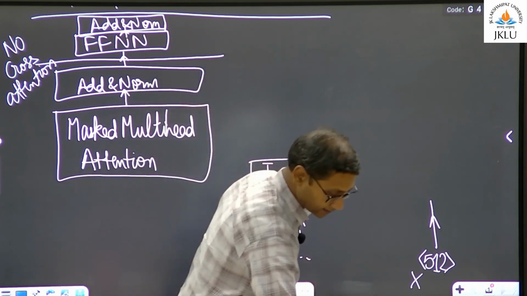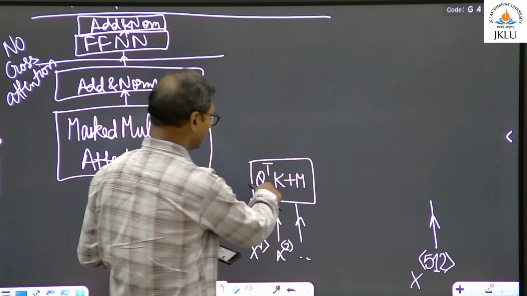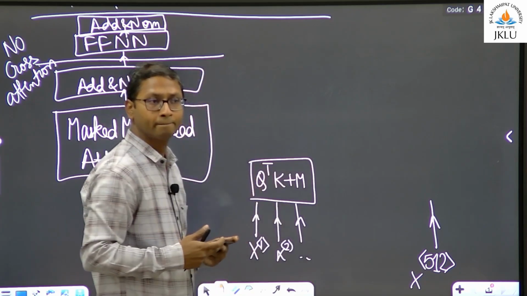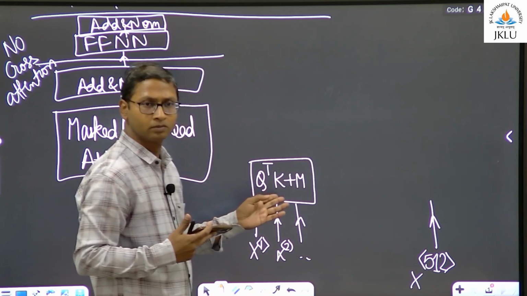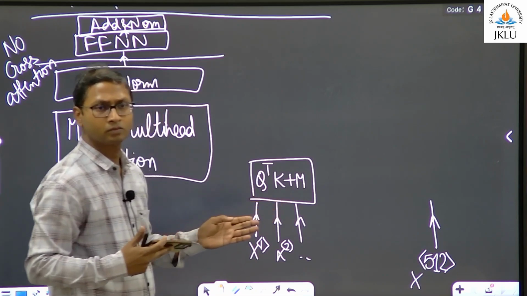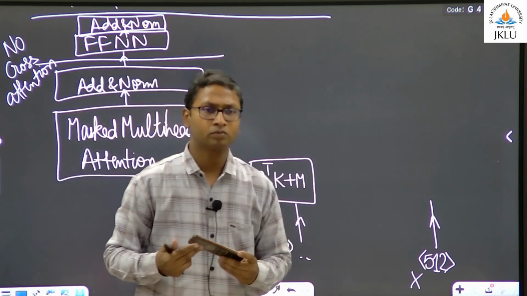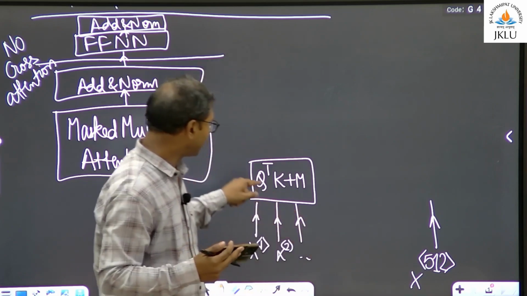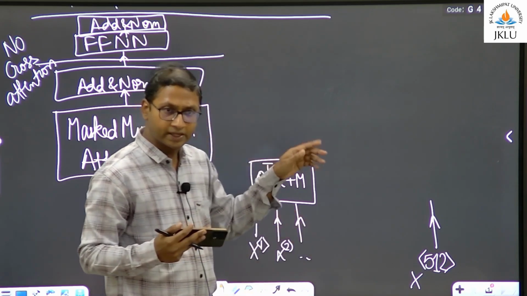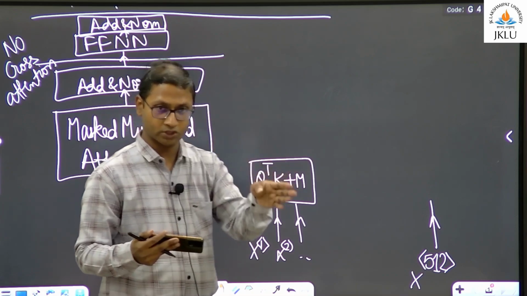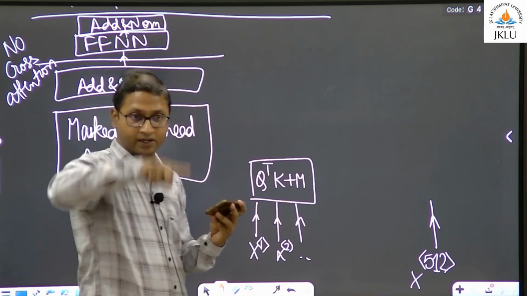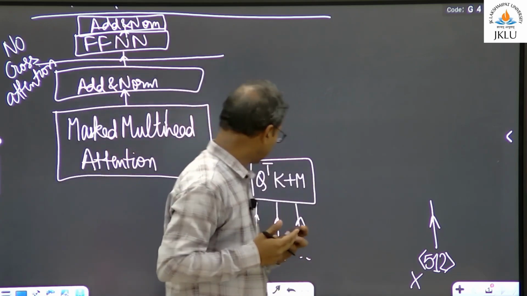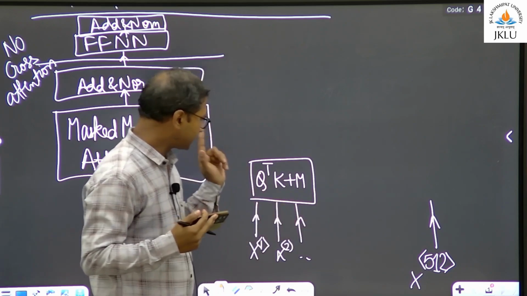Okay. Next. So, what was this part? This is easy. You compute the q dot k, this is going to give you the attention scores, that matrix basically. What will be the size of the matrix in this case?